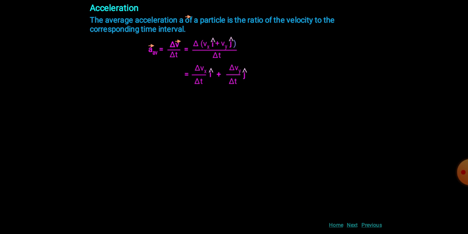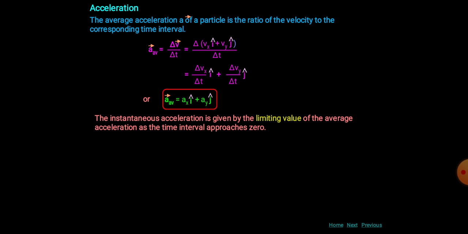Now we can separate it, delta vx upon delta t i cap plus delta vy upon delta t j cap. So we can write delta v upon delta t, it is nothing but acceleration. For x we can write ax, and for y we can write ay. So the average acceleration, that is a average, it is nothing but ax i cap plus ay j cap.